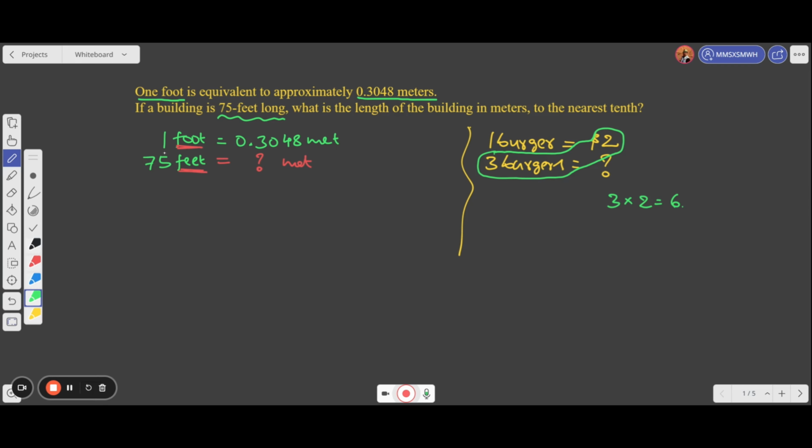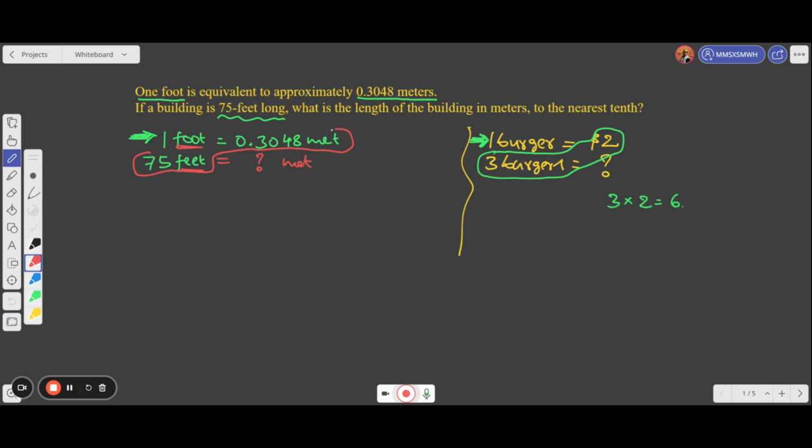Likewise, here also, please notice that in the given example, one burger's cost is given. Likewise, here the value of 1 foot is given as 0.3048. So, what is the value of 75 feet? Let's try to make a connection.